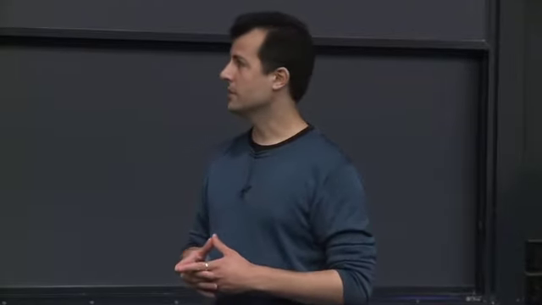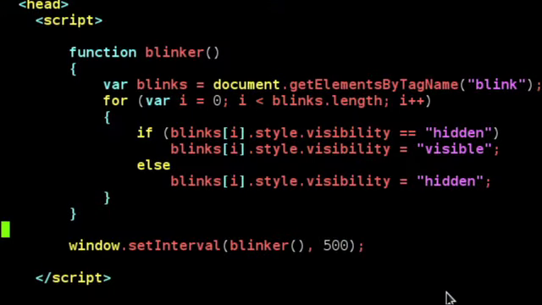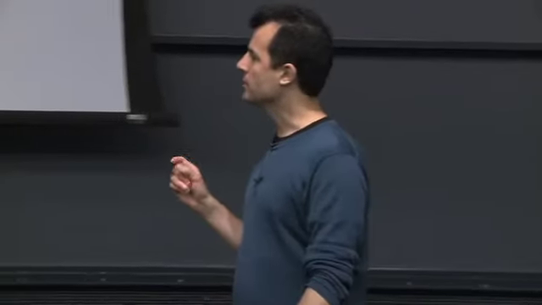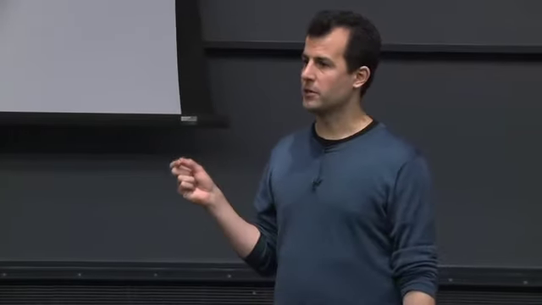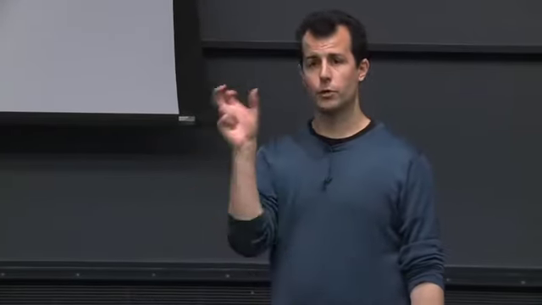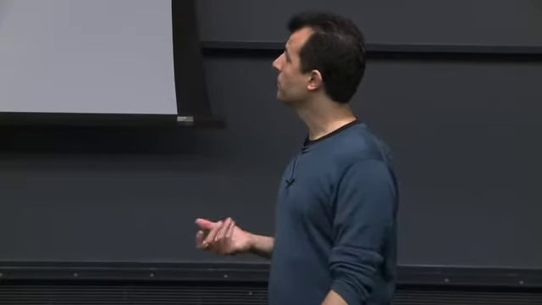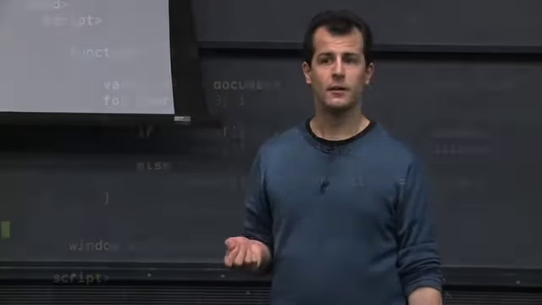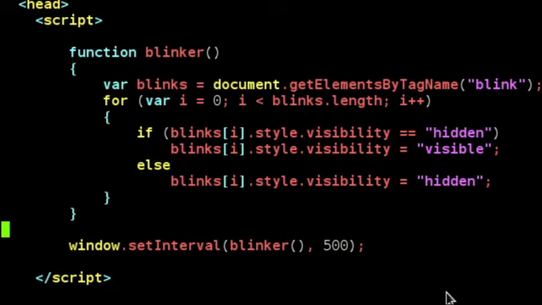Exactly. So in this case, just like in all of the examples we've done thus far, blinker, open paren, close paren means call blinker, right? There's nothing fancy there. The problem with that is that, as Axel said, that will effectively call blinker once, and that's it. But what you're trying to do here is apparently set the interval of 500 milliseconds to call whatever the first argument is. Now, does blinker return anything? It actually doesn't return anything at all, which means you have nothing to call.